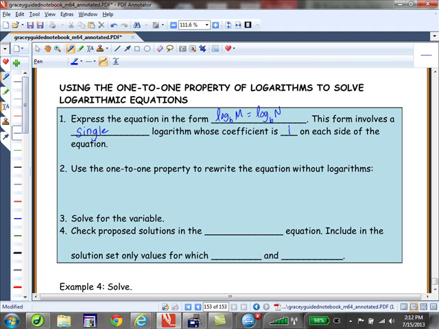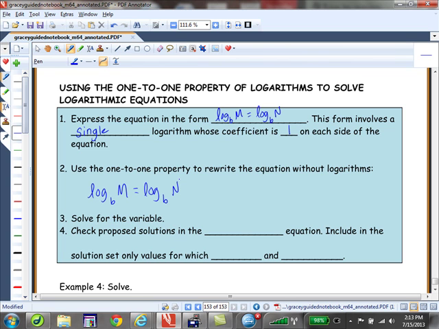So then we use the one-to-one property. So basically, what does that mean? That means that if log base b of m is equal to log base b of n, you've got the log of the same base on either side of the equation and nothing else.